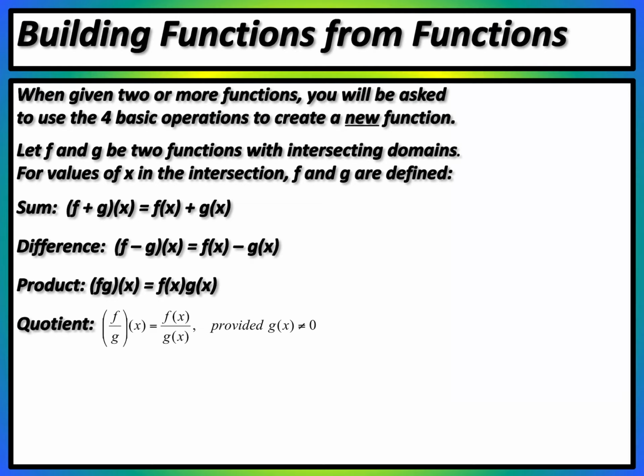One thing we have to keep in mind is that we need to know how to find the domain of many different types of functions very quickly today, in order to then find the domain of the result from these function operations.